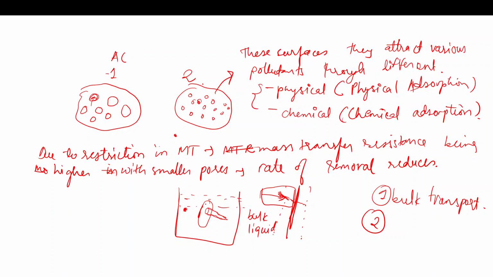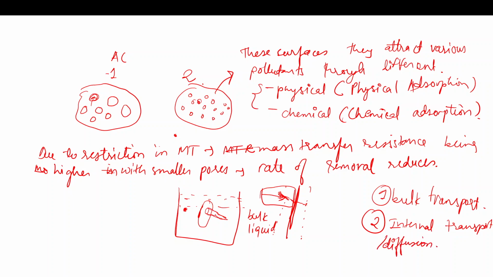So the second step involves first traveling from the bulk of water to this surface point. Then there will be travel through the pore, which is internal diffusion or internal transport.